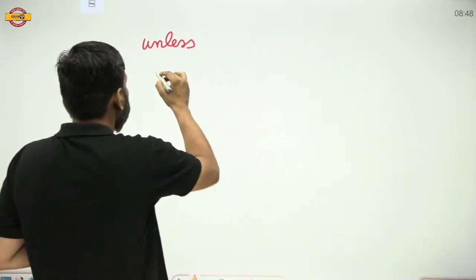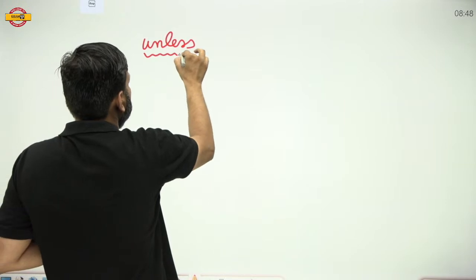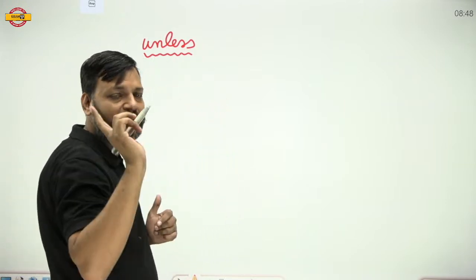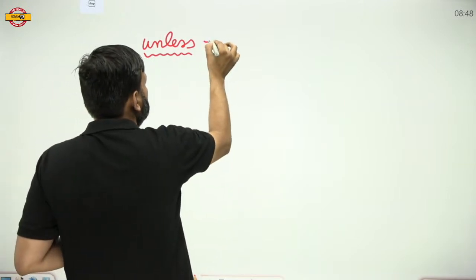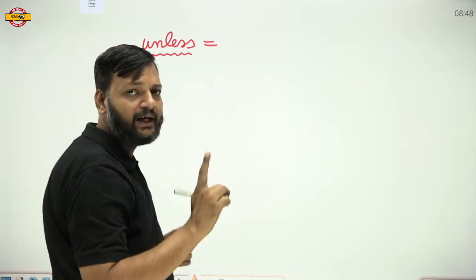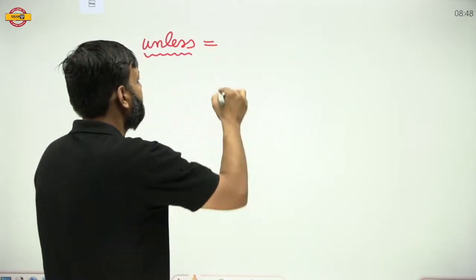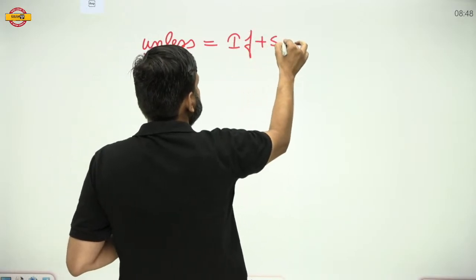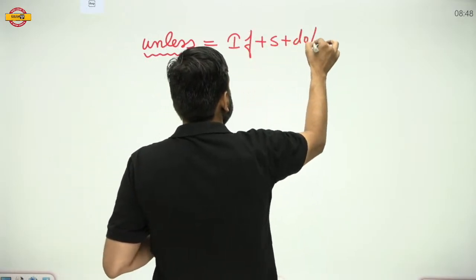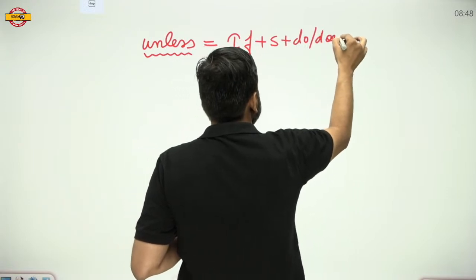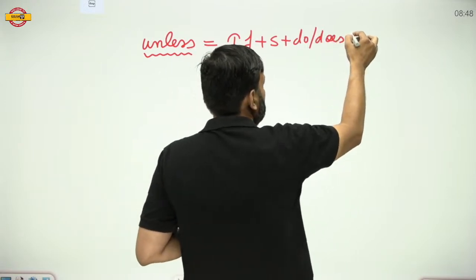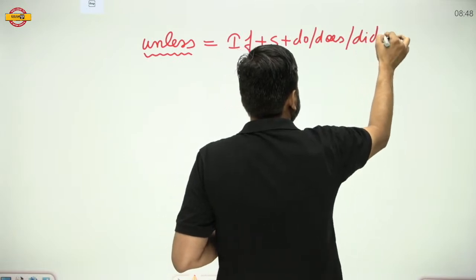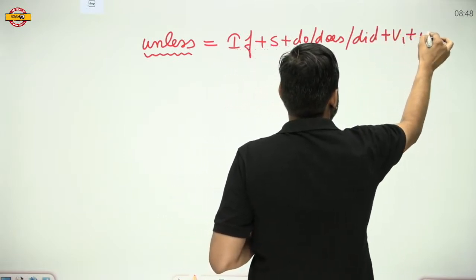See, if there is unless in a sentence, just try replacing it with if plus subject plus do or does or did plus v1 plus object.